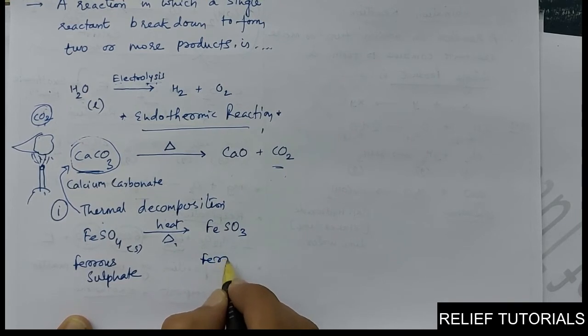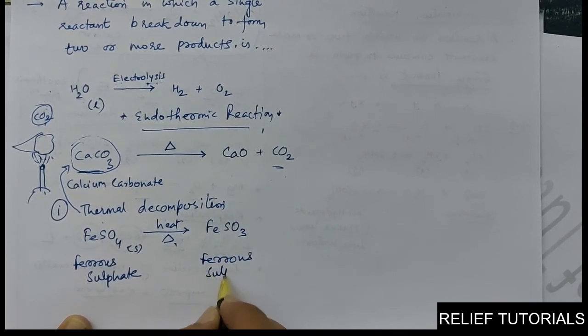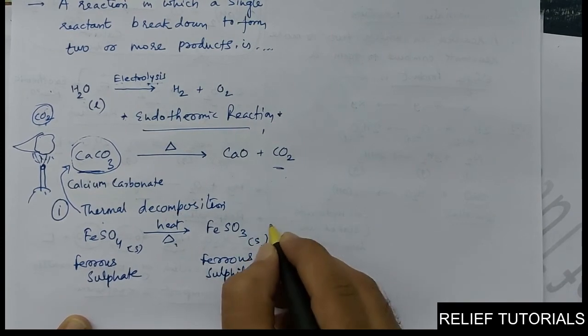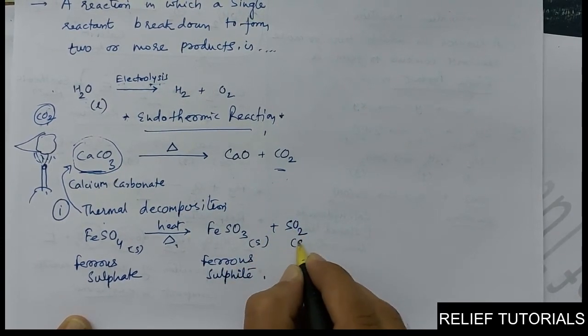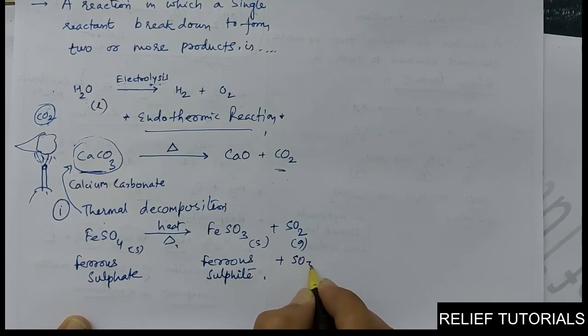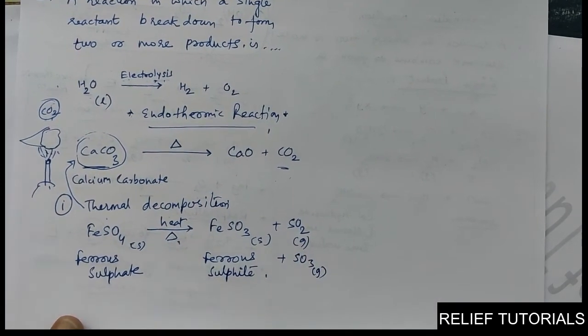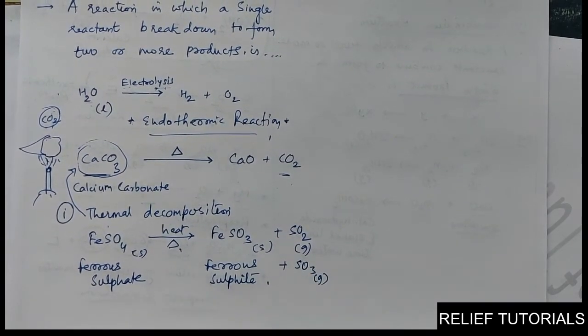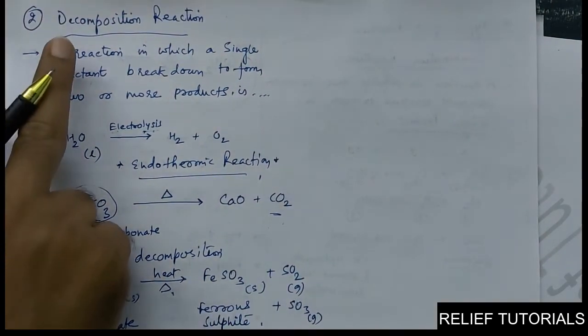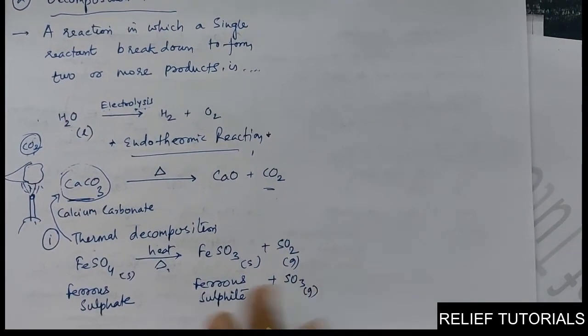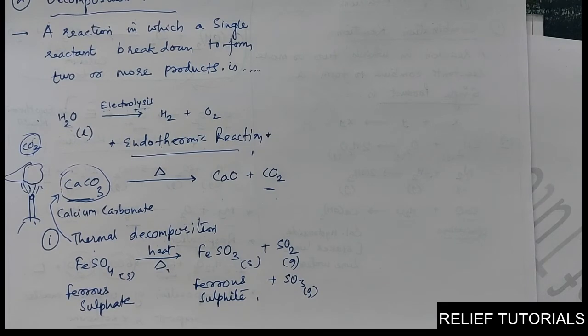FeSO3, ferrous sulfite, the name of this substance is ferrous sulfite, solid state, plus sulfur dioxide, gaseous state, and plus sulfur trioxide, also in the gaseous state. So three products are obtained by the breaking of one reactant. So this is the example of decomposition reaction, as well as it is the example of endothermic reaction, because we are providing heat. Okay, one more example.